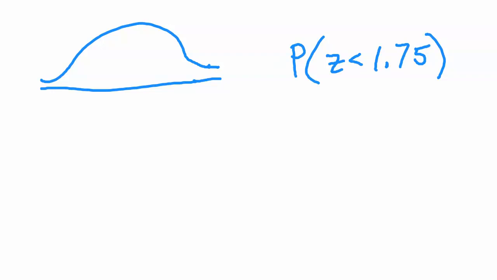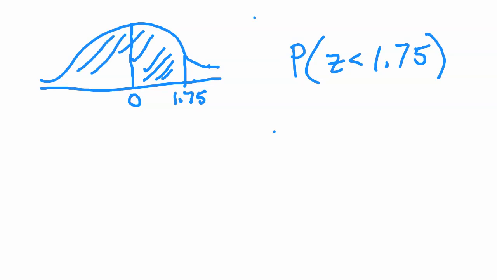All right, 0 is always in the middle. 1.75 is about here. Remember, to the right is positive, to the left is negative, and I want less than, so I want to the left. Less than 1.75.